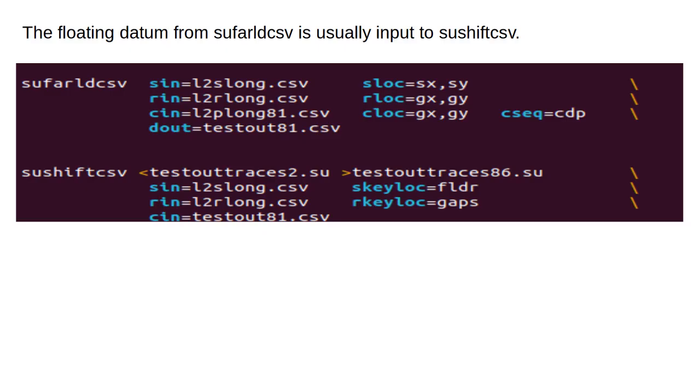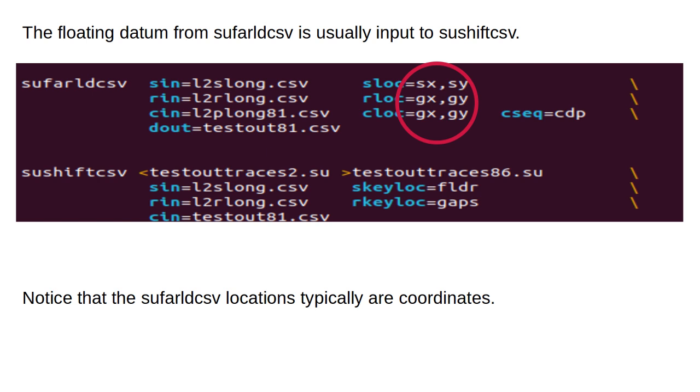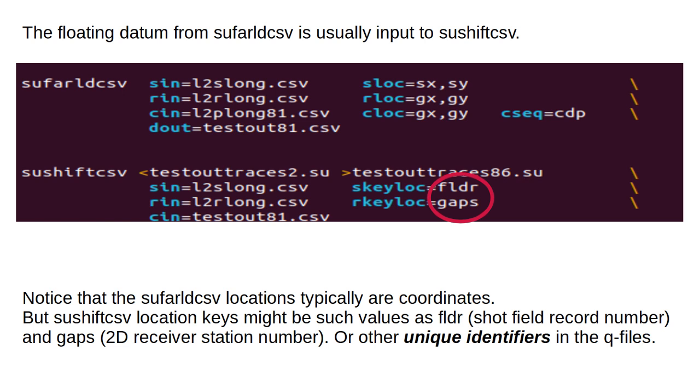The floating datum from SUFARLDCSV is usually input to SUShiftCSV. Notice that the SUFARLDCSV locations typically are coordinates, but SUShiftCSV location keys might be such values as FLDR, shot field record number, and GAPS, 2D receiver station number, or other unique identifiers in the Q files.